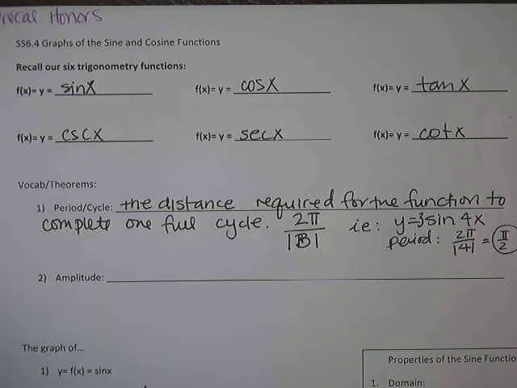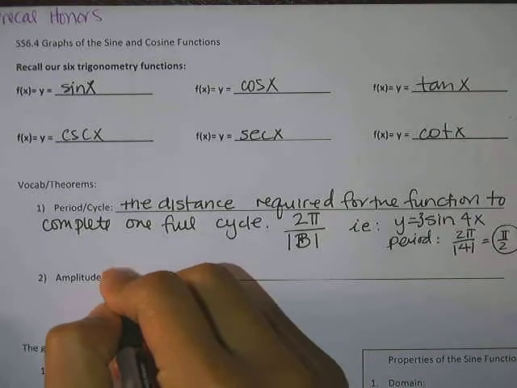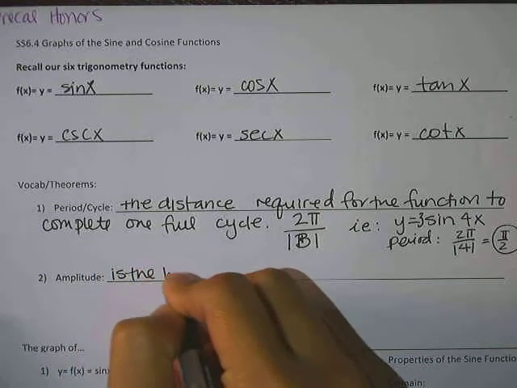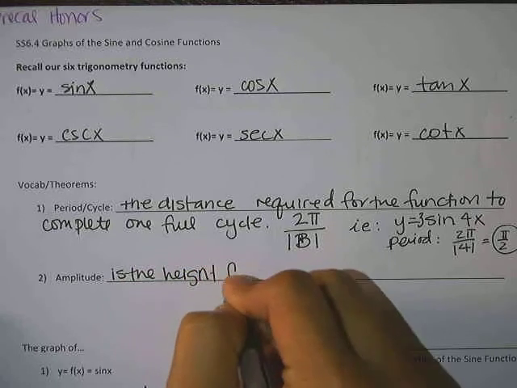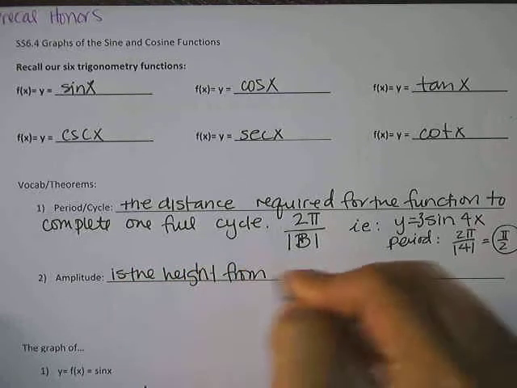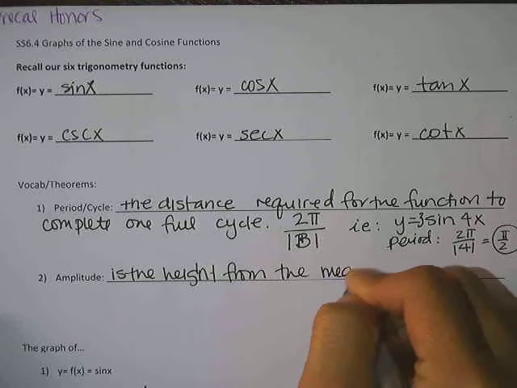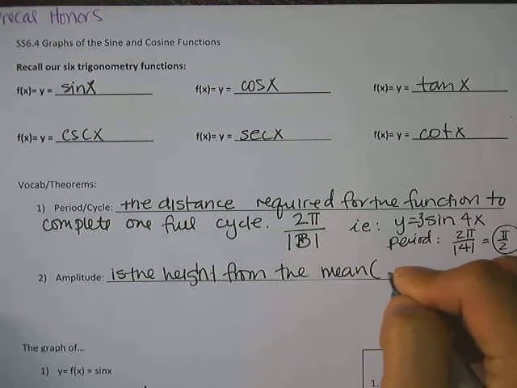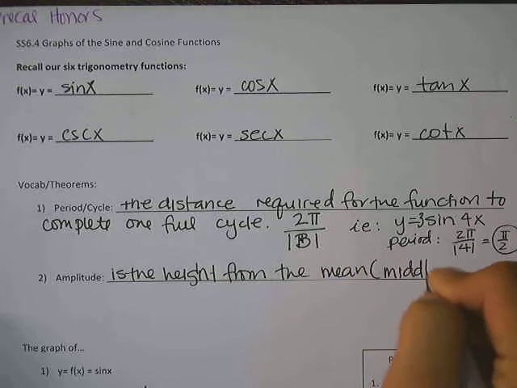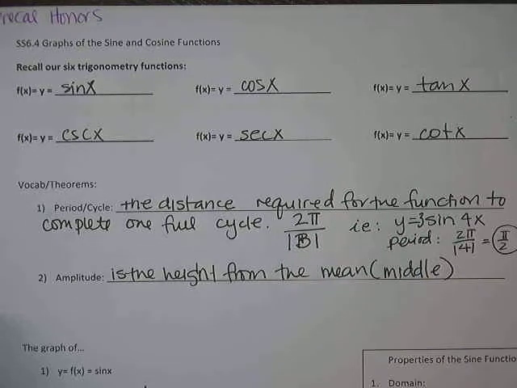Now amplitude is the height from the mean, or the height from the middle. Amplitude is the height from the mean, which is in the middle. It's kind of like the average height.